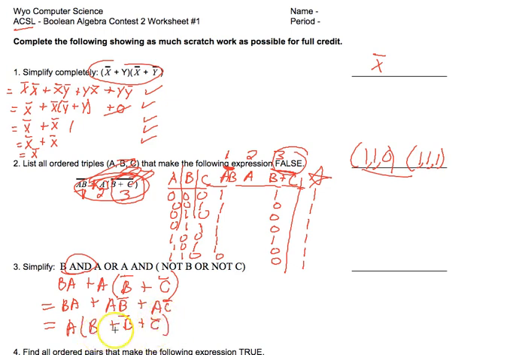And anytime you have something plus its opposite, one of those or the other is going to be a 1. And 1 plus anything is always 1. So we're left with A times 1 plus not C. And 1 plus anything is the anything. So that step, I'm just going to kind of continue over here.